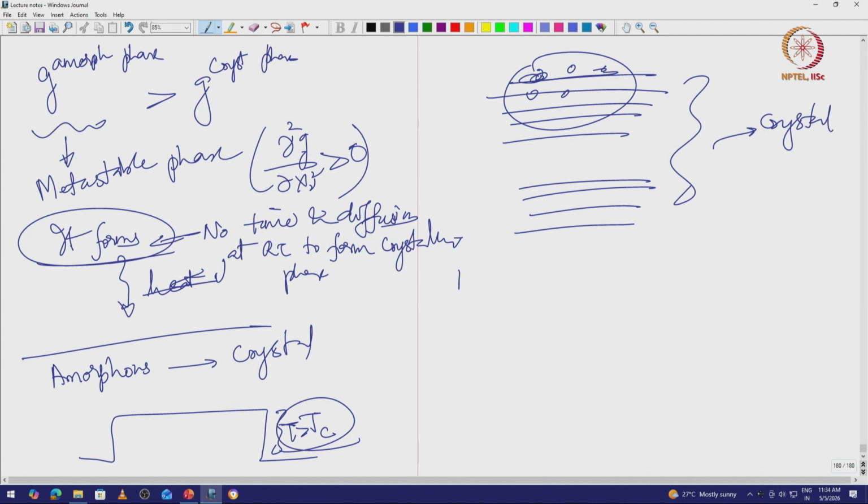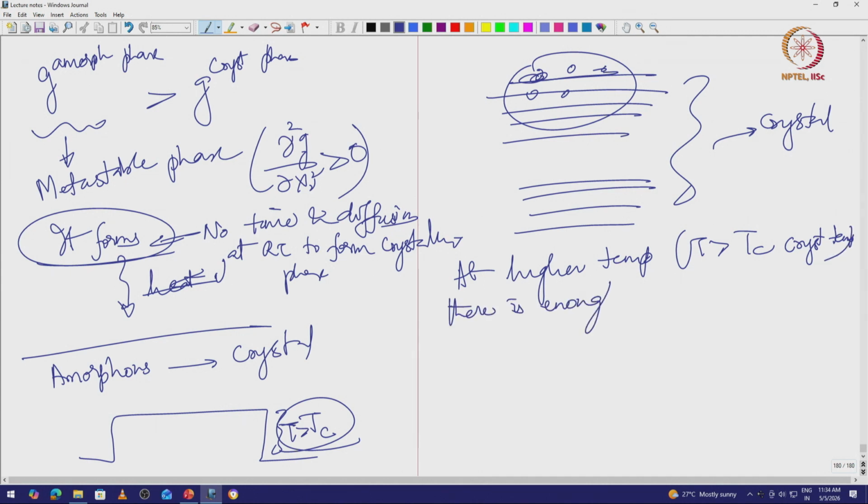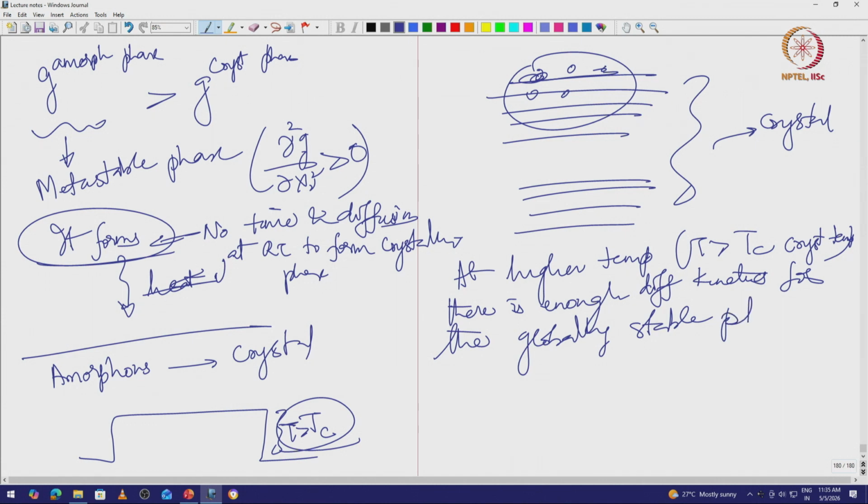So, at higher temperatures, T greater than Tc, which is called the crystallization temperature, there is enough diffusion kinetics for the globally stable phase to form, and the globally stable phase is the crystalline phase.